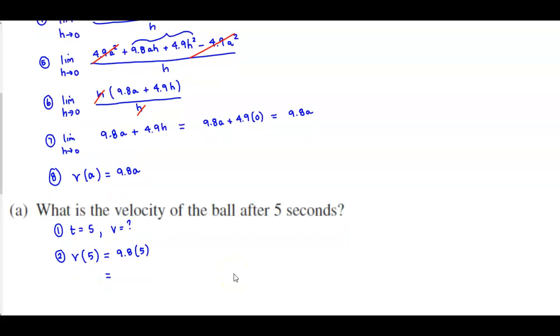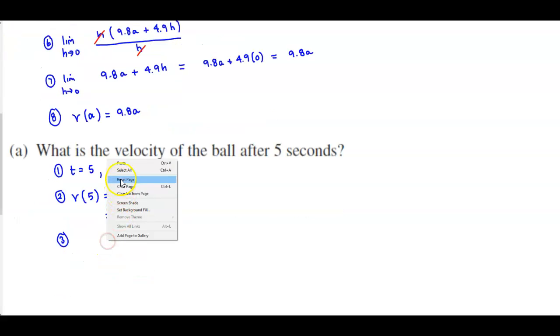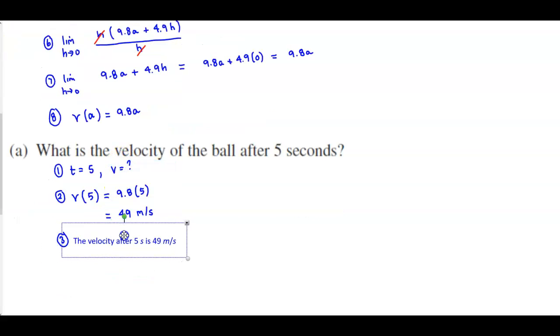And so 9.8 times 5 gives us 49 meters per second. And so therefore, the velocity after 5 seconds is 49 meters per second.